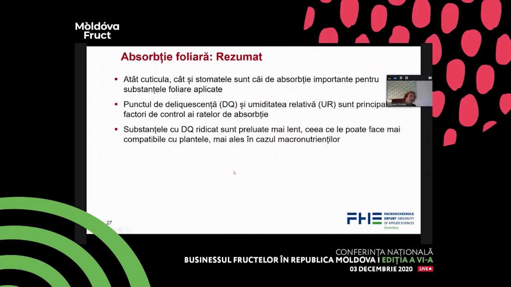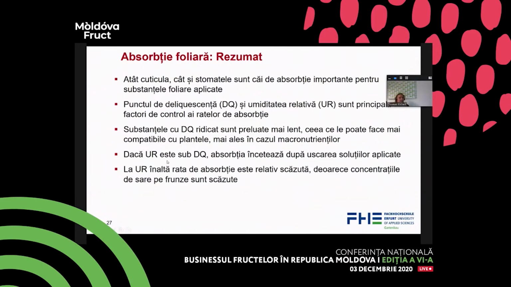Substances with a high deliquescence point, in our example magnesium sulfate, may be taken up slower, but this may render it more compatible because uptake rates are not too high and leaves are not damaged. If humidity drops below this deliquescence value, uptake ceases, and at high relative humidity we have to be aware that uptake rates are quite low because the concentration in the solution is quite low.